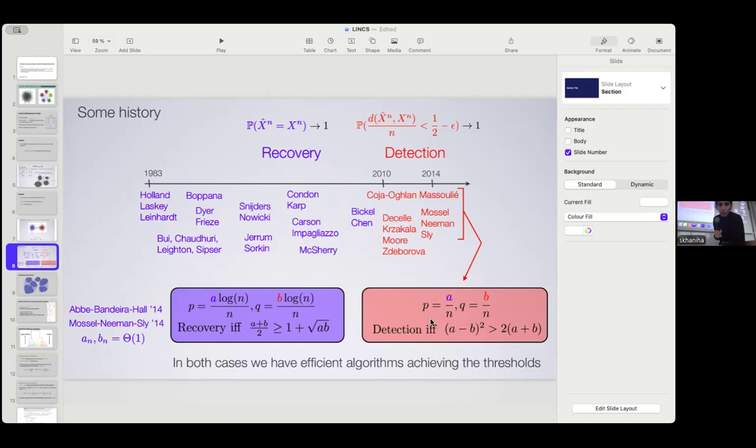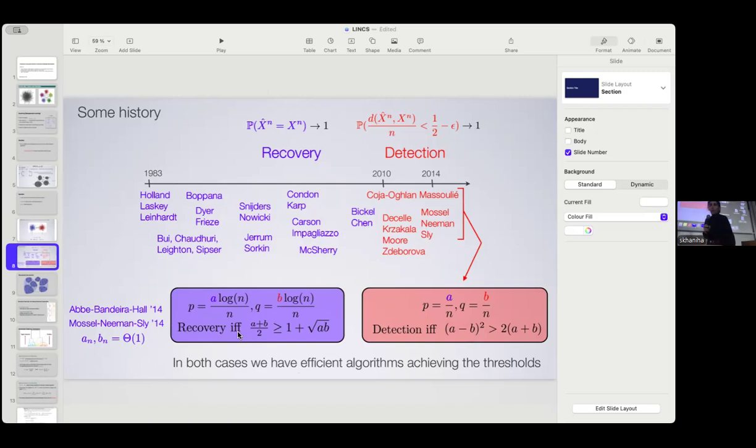Okay. So the theorem that exists for this simple symmetric case is that for detection, if we have this property for the probabilities, we could detect the communities, and if we have the other condition on the left, we could recover the communities.